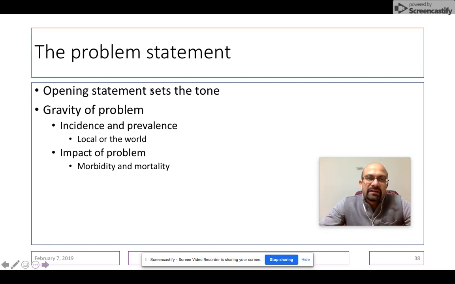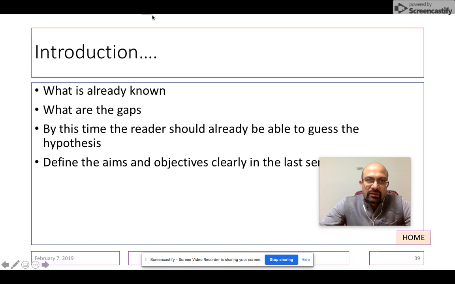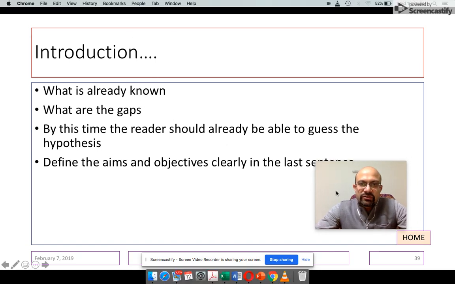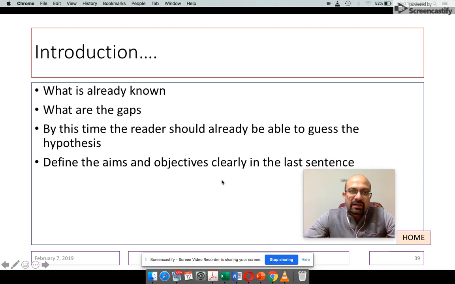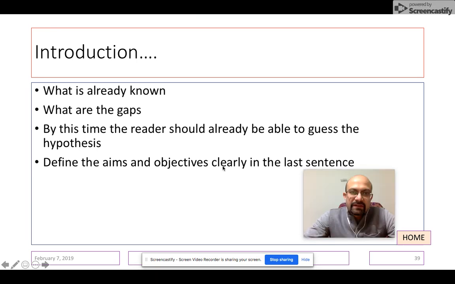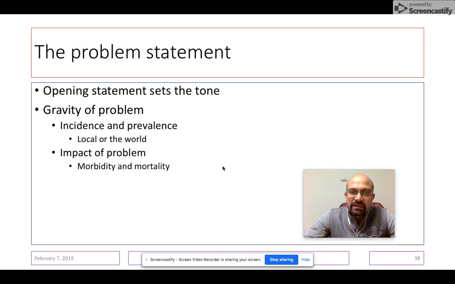Please remember, it's the problem statement or the opening statement of your paper which will set the tone of the paper itself. You write what is already known, what are the gaps, and by this time the reader should be able to actually guess your hypothesis. You should be able to know what you were trying to arrive at, and then you certainly always define the aims and objectives very clearly in the last sentence of the paper. So that's the general crux of writing the introduction.